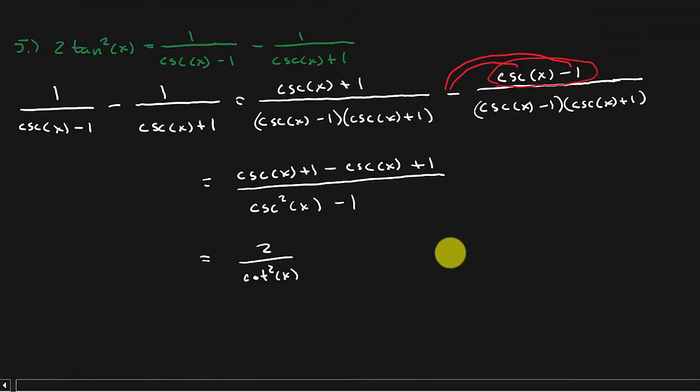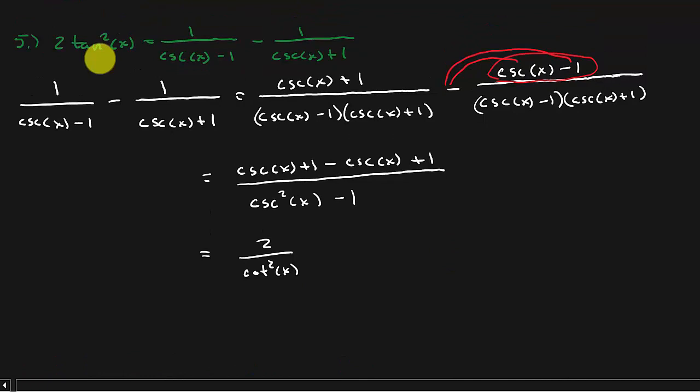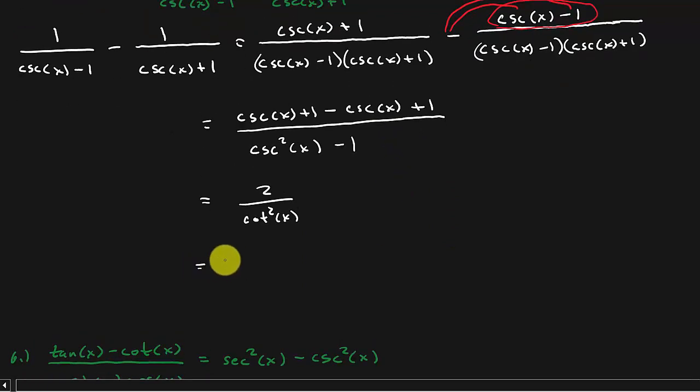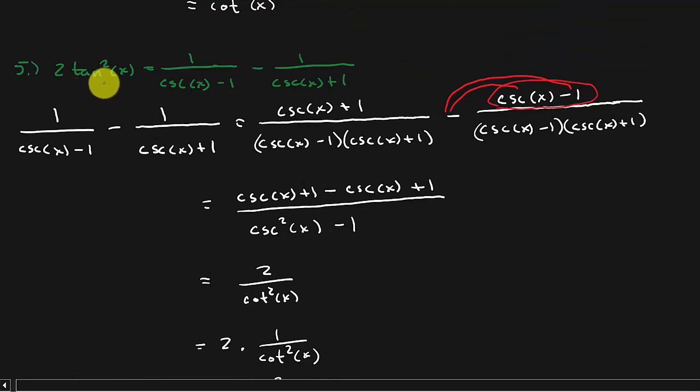Because remember, I'm trying to get tangent squared. Well, this is 2 times 1 over cotangent squared x, which is 2 times, and 1 over cotangent is tangent. So that's 2 tangent squared x. And there is the left-hand side.